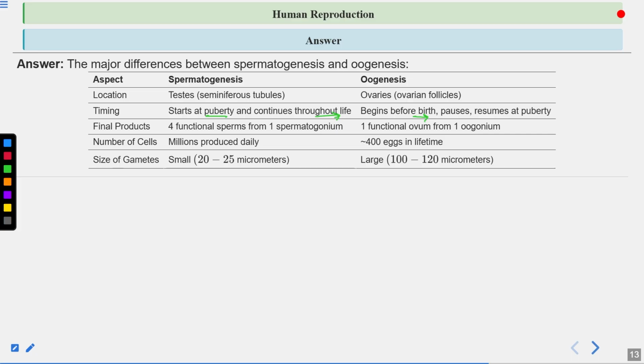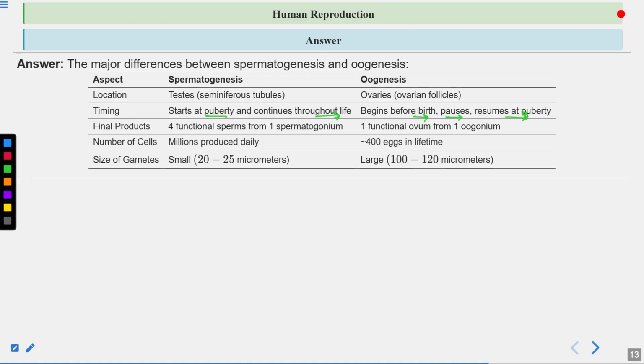In the fetal ovaries, the oogonia are produced, and no more oogonia are added after birth. Then oogenesis pauses. The primary oocyte gets arrested in prophase 1 of meiosis 1, and oogenesis resumes at puberty.